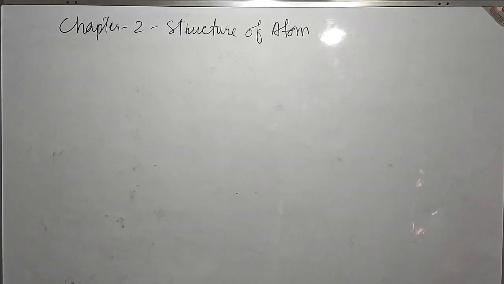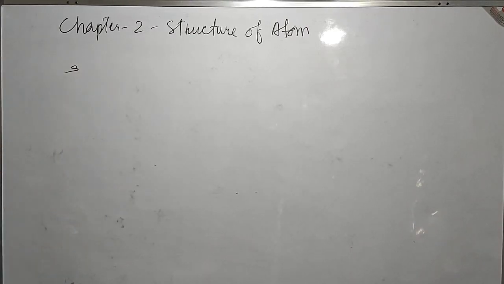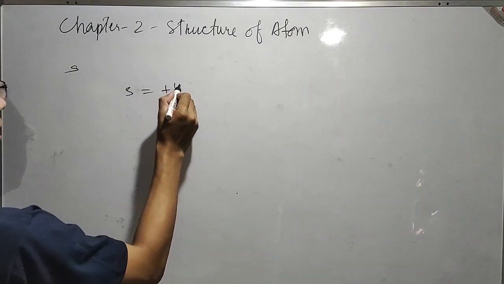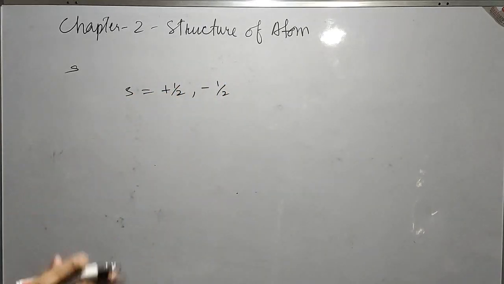The next one is spin quantum number. It is denoted by the letter s. It describes the rotation of the electron about its own axis. The values that a spin quantum number can have are plus half and minus half. Plus half is for clockwise rotation and minus half is for anti-clockwise rotation.